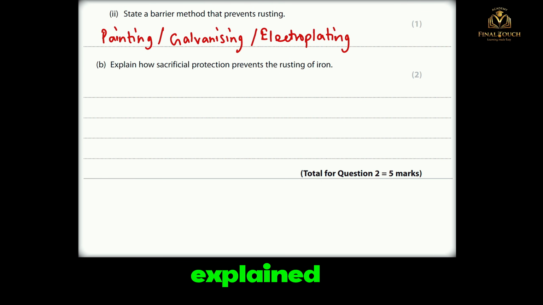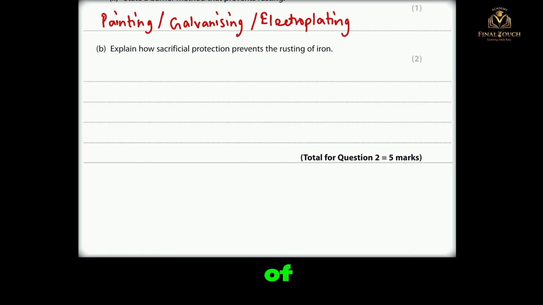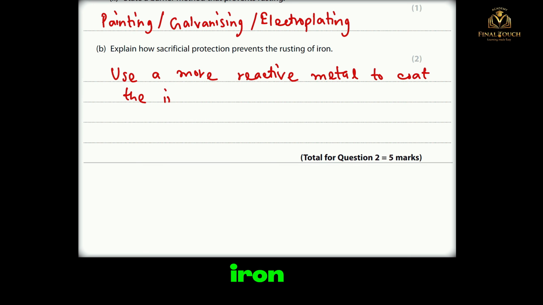Part B tells us explain how sacrificial protection prevents the rusting of iron. So when sacrificial protection is done, we use a more reactive metal to coat the iron.